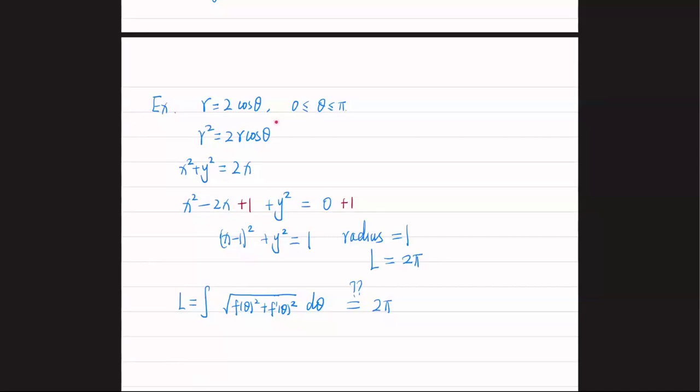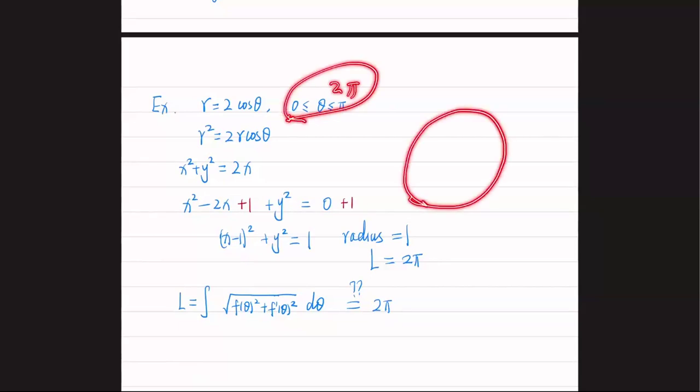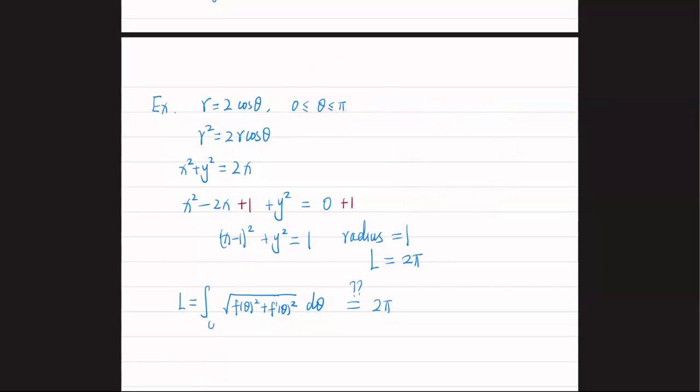Okay, so when we draw this, we go from 0 to 2 pi. If we go from 0 to 2 pi, we go around the circle twice. If we want to go around the circle exactly once, go from 0 to pi. So the limit will be from 0 to pi. In this way, we go around the circle once.